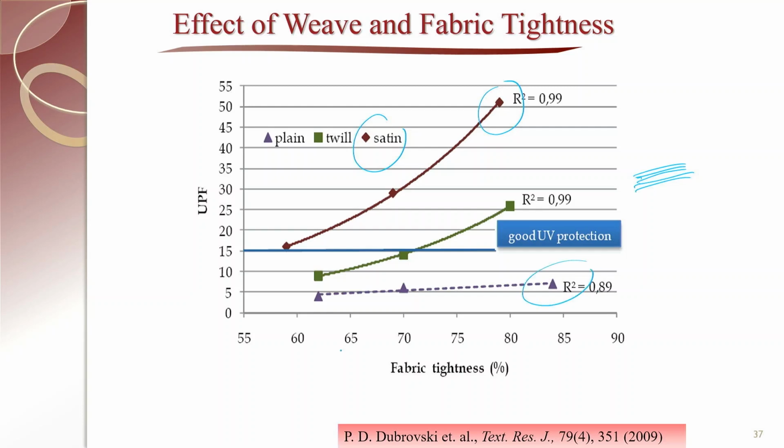As the fabric tightness increases, the UPF increases, but the plain weave is showing the lowest, because at the interlacement points there will be openings, but this may not be true always.